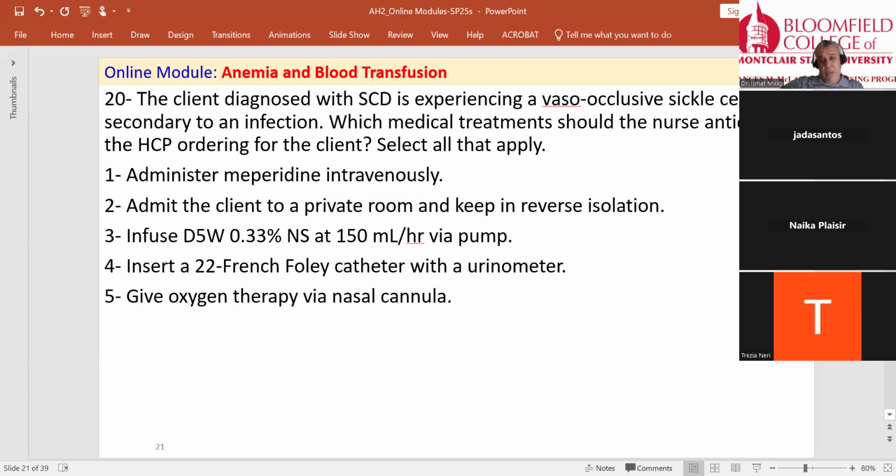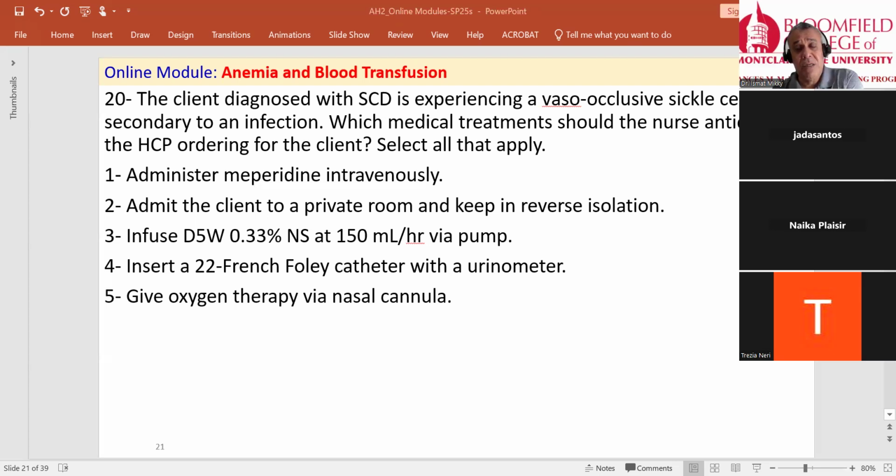Thank you. So it's reverse isolation, because with all the different types of isolation, we put the patient in a private room because the patient has an infection that can be infectious to others, like TB or pneumonia. Contact precautions are for C. diff, airborne precautions for TB, and droplet precautions for pneumonia or flu.